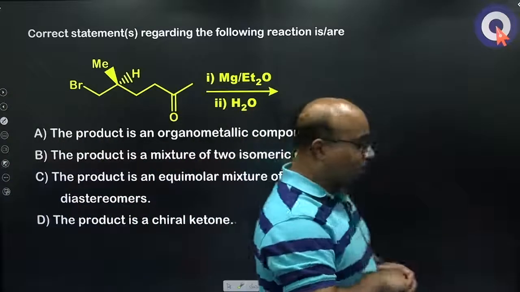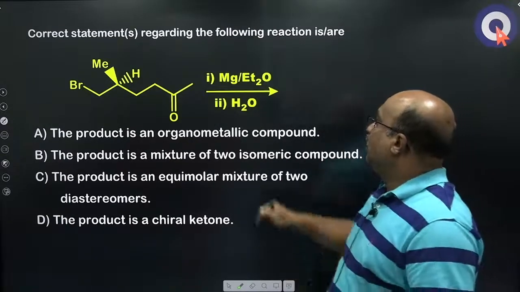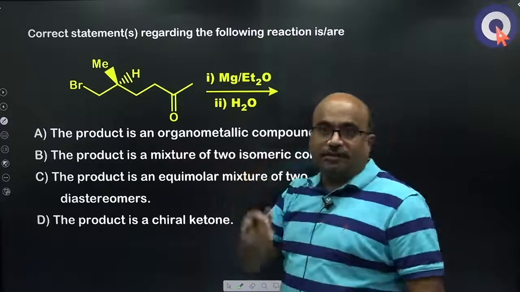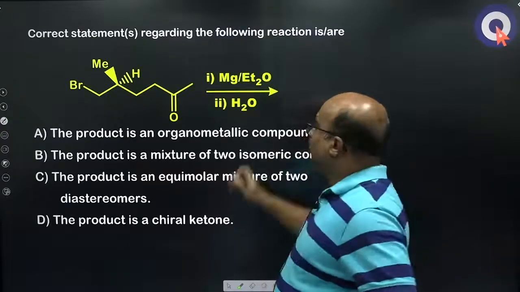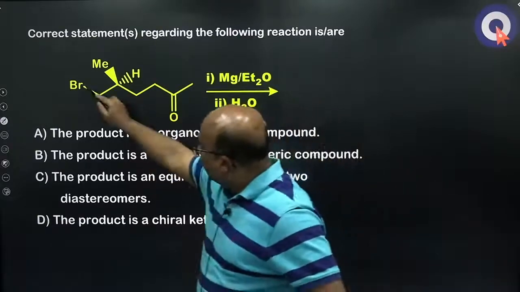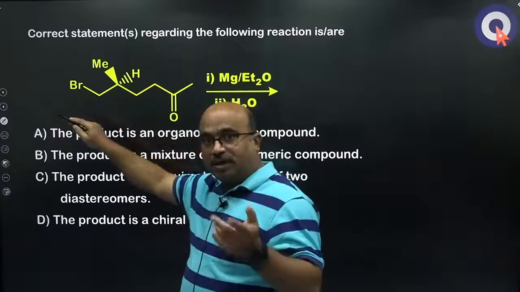Correct statement regarding the following reaction. Mg, Et2O, so diethyl ether, dry ether. It's nothing but the formation of a Grignard reagent. So this alkyl bromide will immediately convert into a Grignard part.